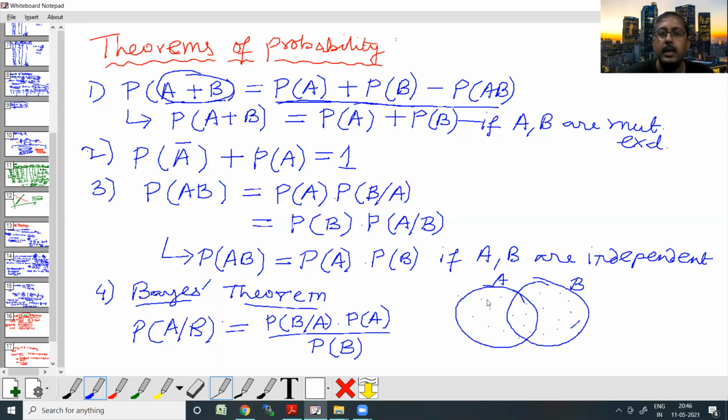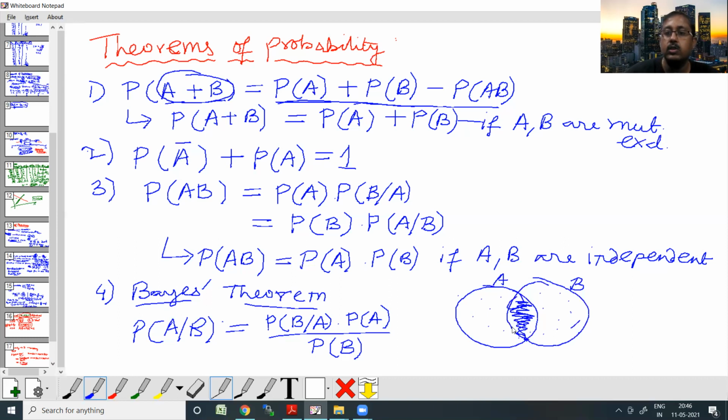This total probability is basically the probability of A, this whole thing, plus the probability of B, this whole thing, minus, since there is an overlapping portion here, right? There's an overlapping portion here where both A and B has occurred. If we don't assume A and B to be mutually exclusive, okay, in that case, we have to subtract that overlapping portion probability because of that, okay? So that is P of A minus B.